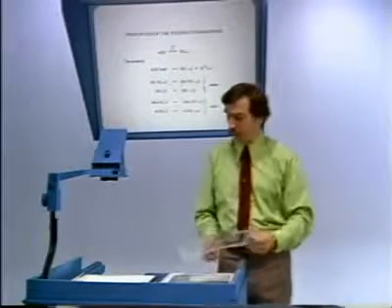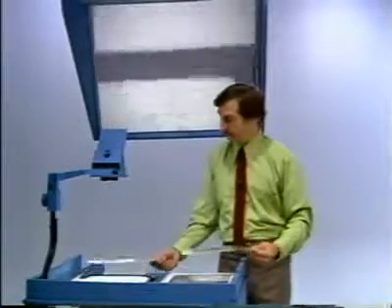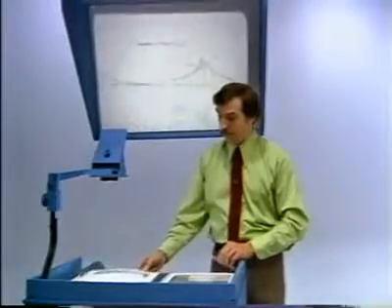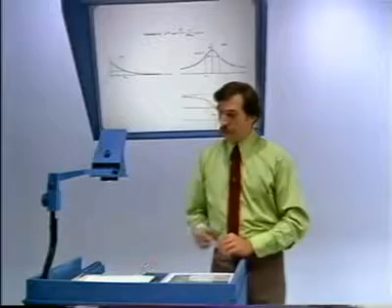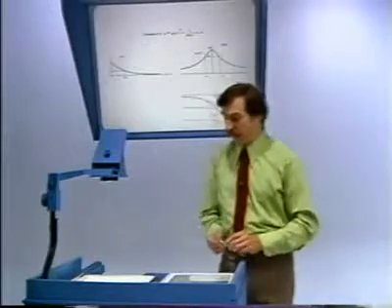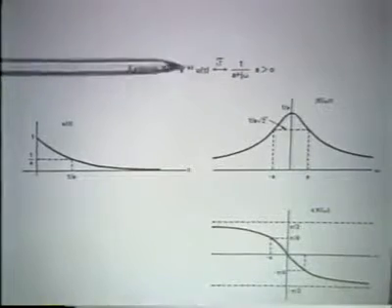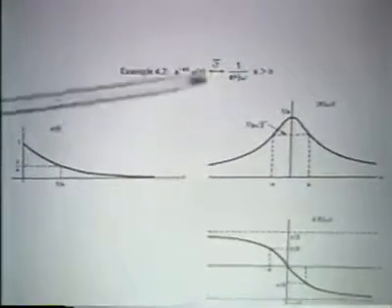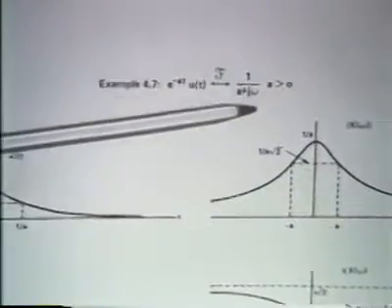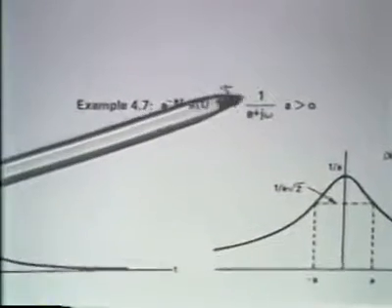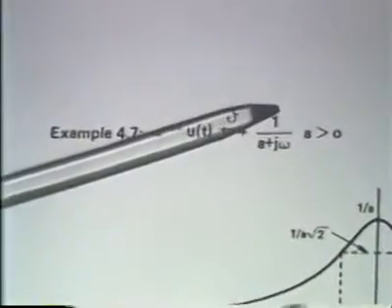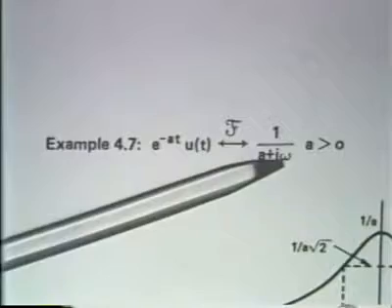Let's look at this in the context of an example that we worked last time for the Fourier transform. We took the case of a real exponential of the form e to the minus at times a step, and the Fourier transform, as we found, was of the algebraic form 1 over a plus j omega.